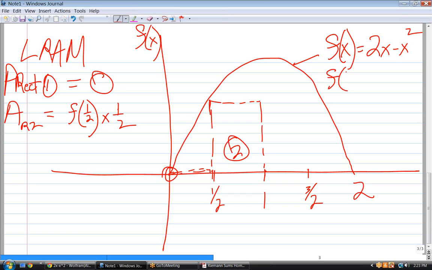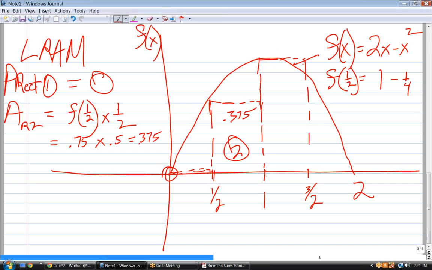F of 1/2 is 1 minus 1/4, so that's 0.75. So F of 1/2 is equal to 0.75, and the width is only a half now, not 1. So the area of that is 0.375. That's small.